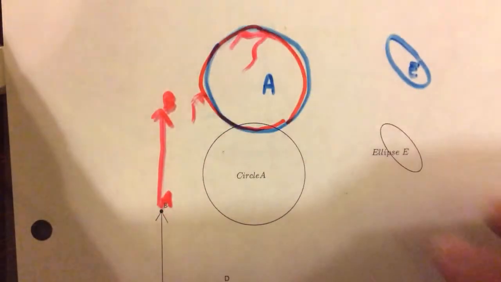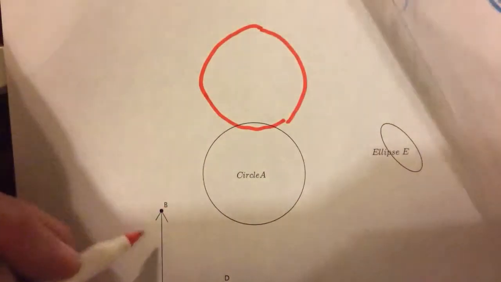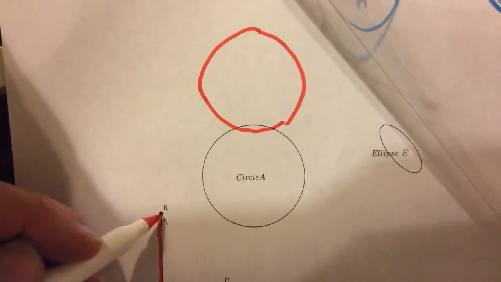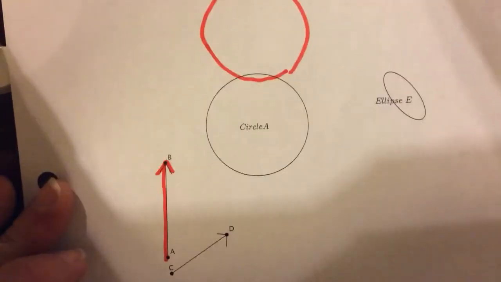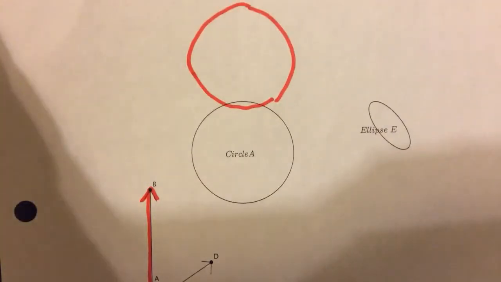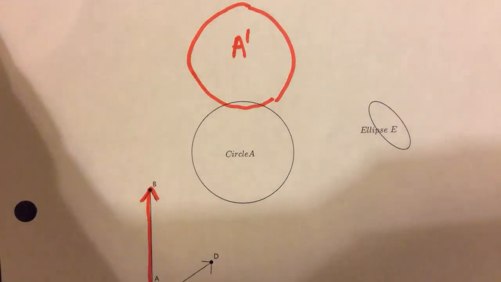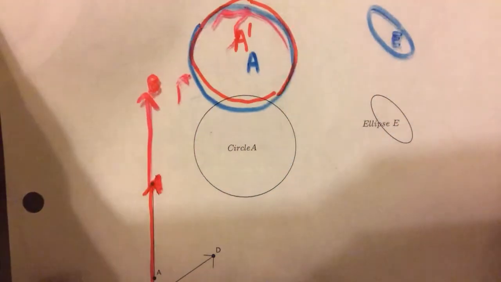Okay, that doesn't look beautiful, but there we go. So along our vector AB, we get circle, call it A prime, right there. Translated figure A, call it A prime. Okay, and now we are going to translate, let's get our ellipse on there.